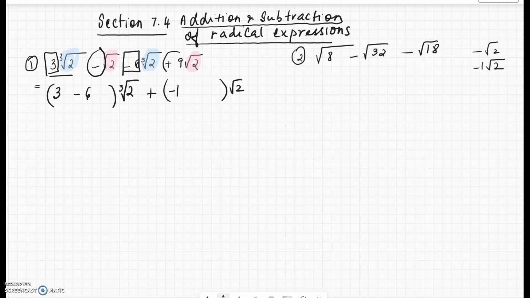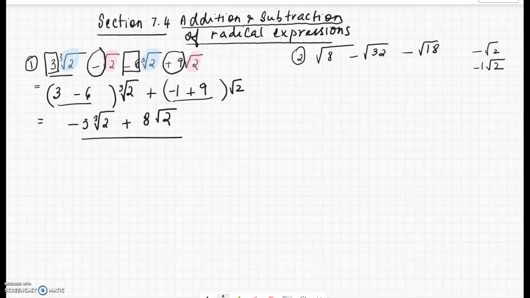And then we have another term containing a radical 2, and that's plus 9 radical 2. This is negative 3 cube root of 2 plus 8 square root of 2. Simplifying the terms, 3 minus 6 is negative 3. Negative 1 plus 9 is positive 8. And that's our final answer.